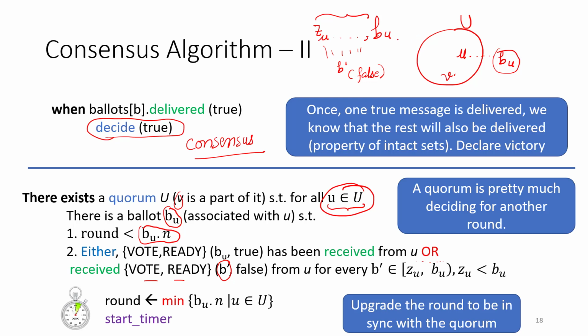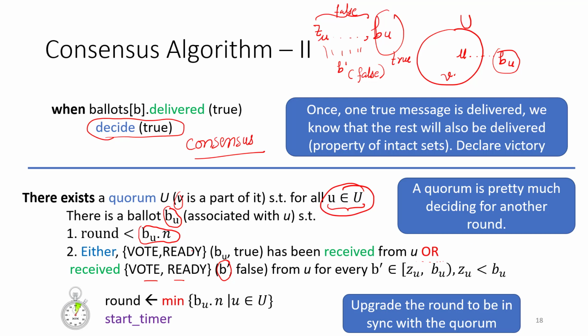So either it has received a vote of true for this, or it has received a vote of false for these, which basically means that there is some ballot which is active at a higher round, and all the other ballots in the quorum are higher. They have also been sending messages, and we have gotten those messages, which means that I am somehow left behind.